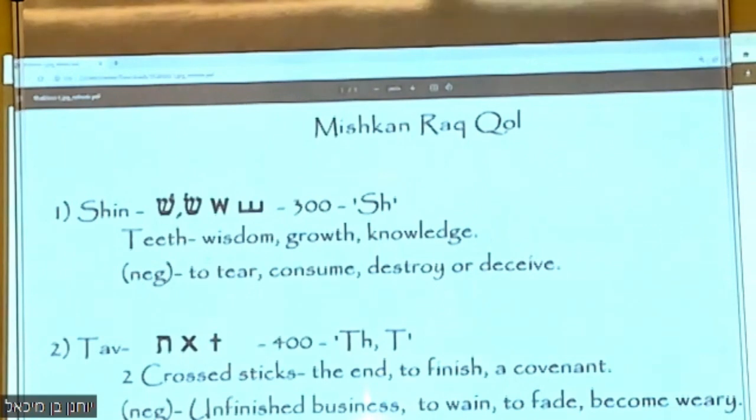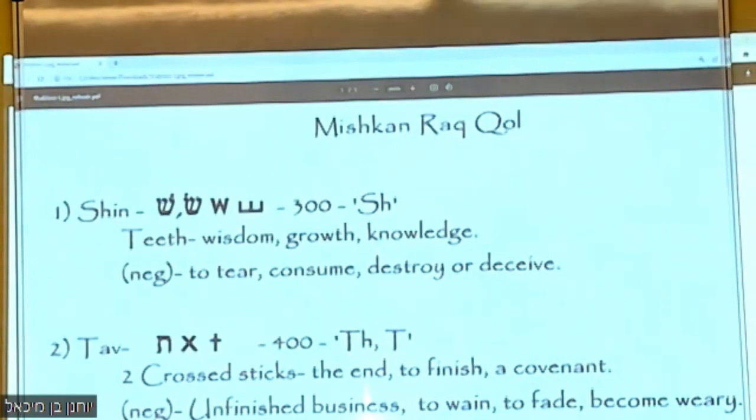So sometimes it will sound like an S. Sometimes it will sound like SH. But you're right, there was no differentiation in the earlier times. Okay. But because of dialects, you have either an S or an SH sound. It's just like the word Shabbat. If you pronounce it with a Sephardic pronunciation, it's Shabbat.